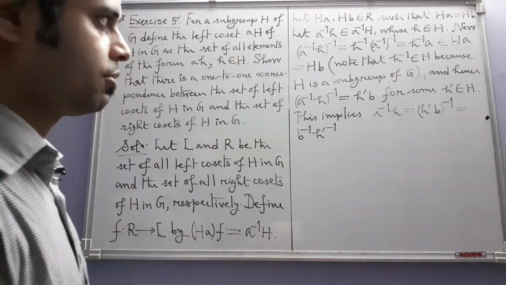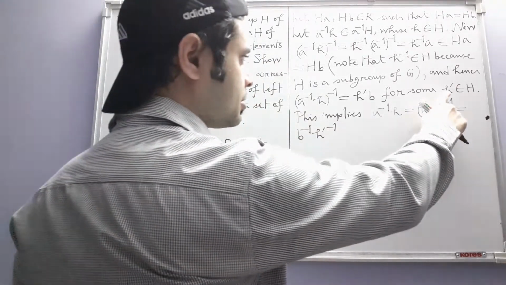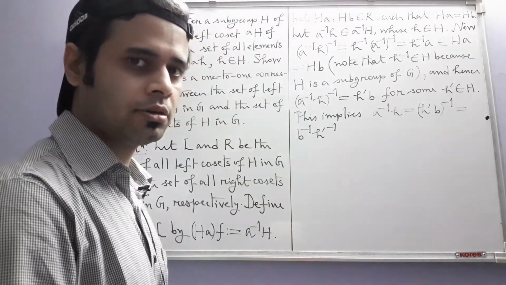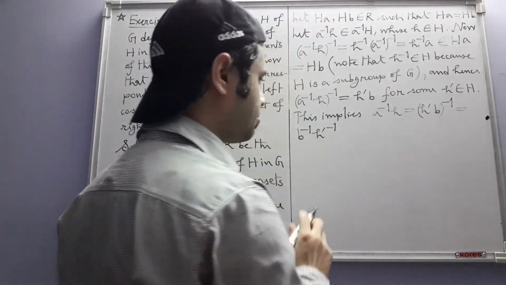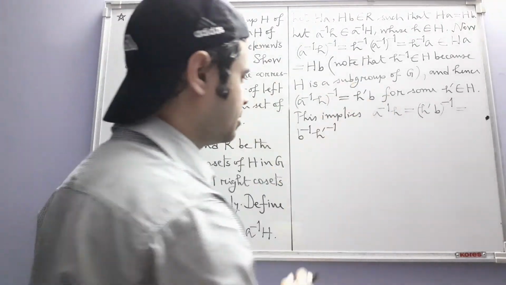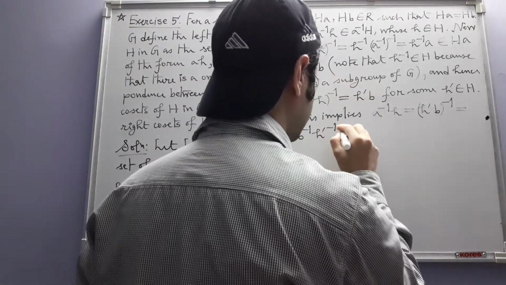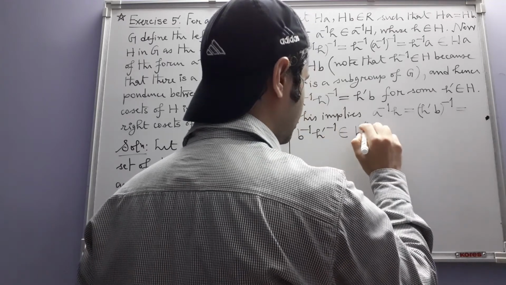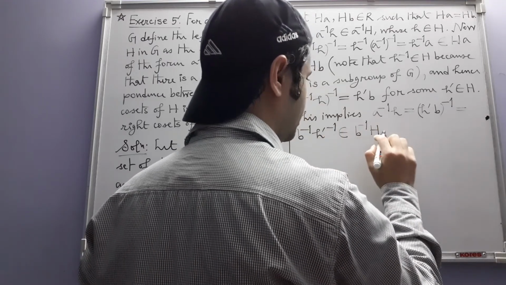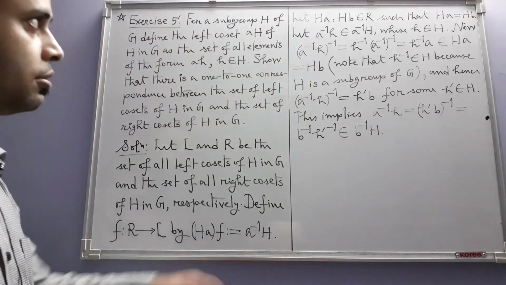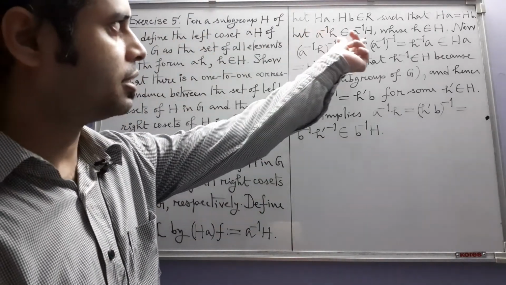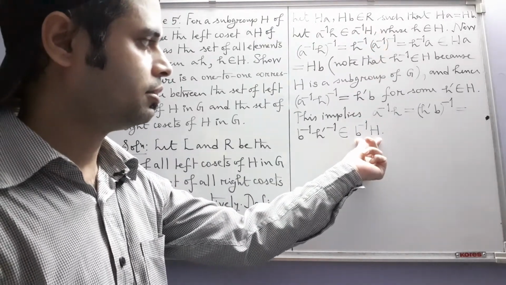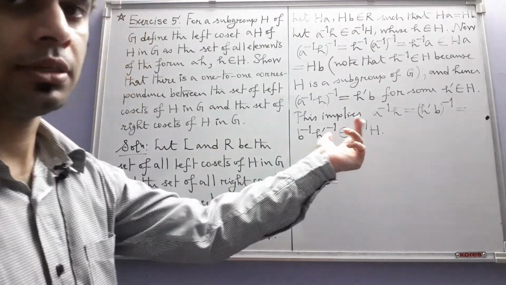Now note carefully that again, since h prime belongs to H, h prime inverse also belongs to H, because H is a subgroup, but this time we are not going to write that thing. We have already written it once. So this belongs to the left coset b inverse H. So this arbitrary element in the left coset a inverse H has been proven to be in the left coset b inverse H.